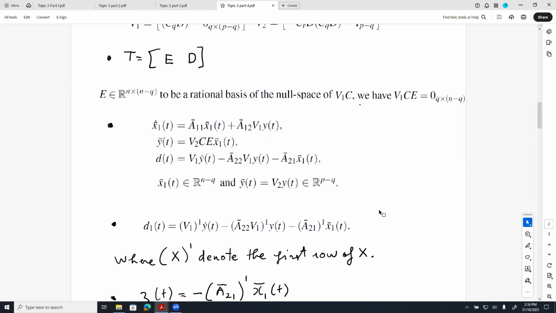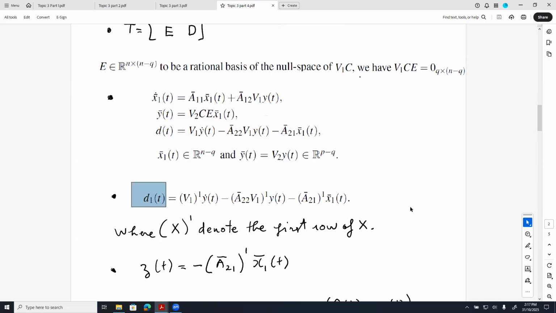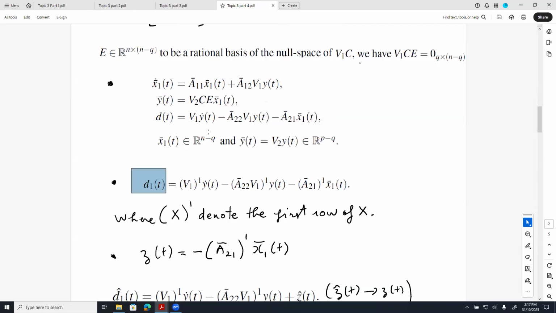So if we only need to estimate one unknown input, then what we do is we pick out the first row of this matrix, and we pick out the first row of this matrix, and that's where we use this notation to denote the first row of matrix X. If we are only interested in estimating one unknown input, which is d1 of t, then it's given by this expression.